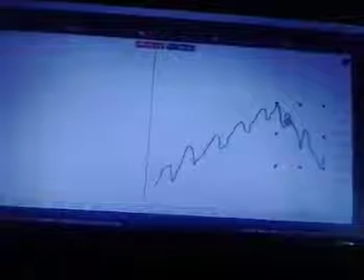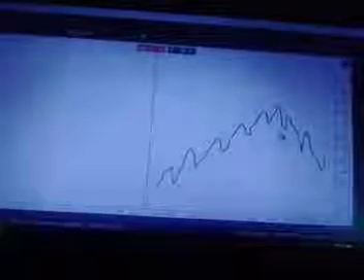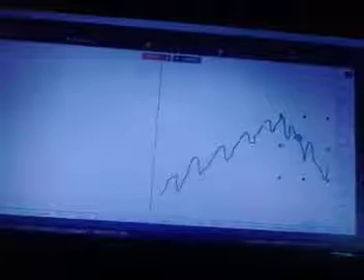So when it makes a low, this low is lower than this low, and this high is lower than that high, then we can see that the market has now changed direction. So that's just basically an uptrend.